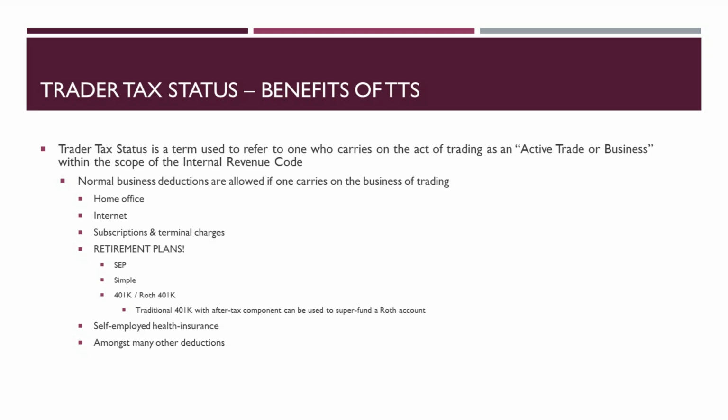Now, I think one of the most interesting things that you can do in a professional trading business is super fund a Roth 401k. This is really, really powerful, in particular if you are a successful trader. You can have an individual 401k, assuming you're the only person in the business.